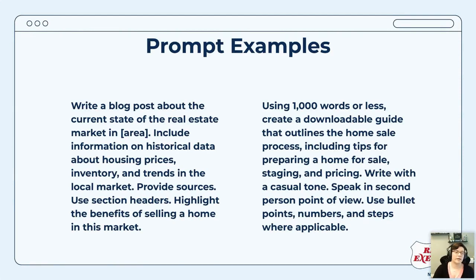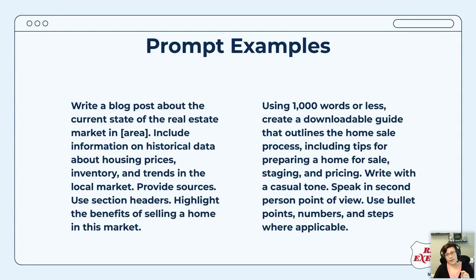So here are your examples for the category of long form content creation. You can tell it to write an 800-word blog post that explains the top 5 things home buyers should know before purchasing a home. Also tell it that this post should provide valuable insights and tips that will help potential home buyers make an informed decision about their purchase.